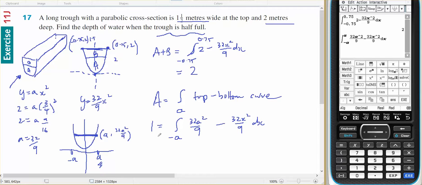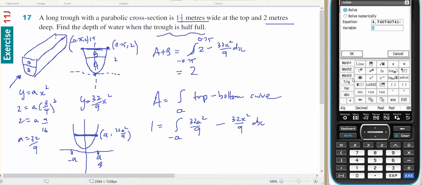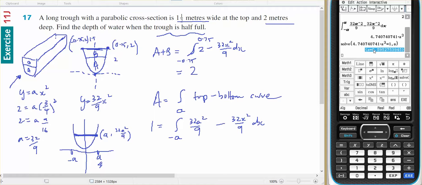My top curve is 32a squared on 9 minus my bottom curve, and when I press execute I get that particular answer, and I know that all of that has to equal 1, and I solve that for a, and that gives me an answer for a. So I know that a equals 0.5952, which gives me this value here.